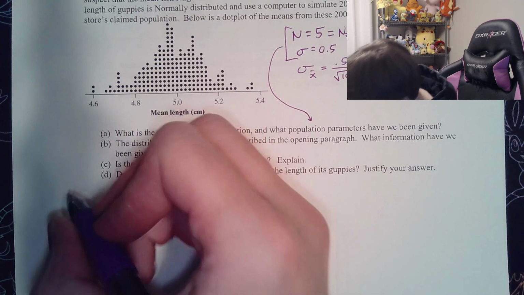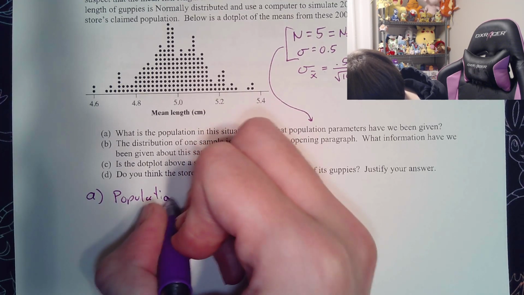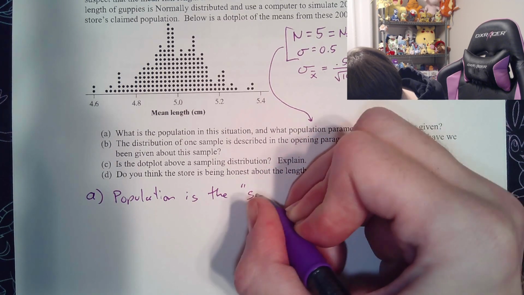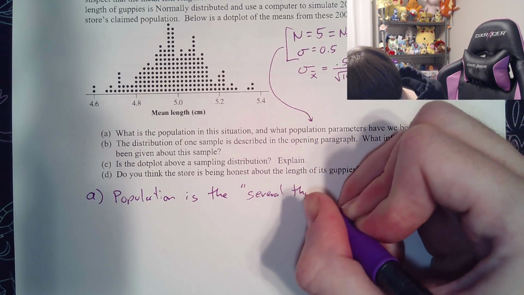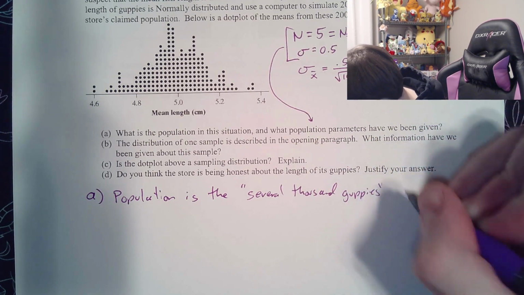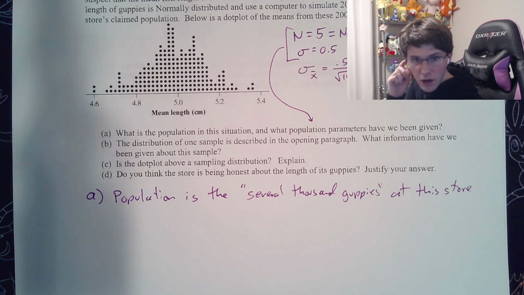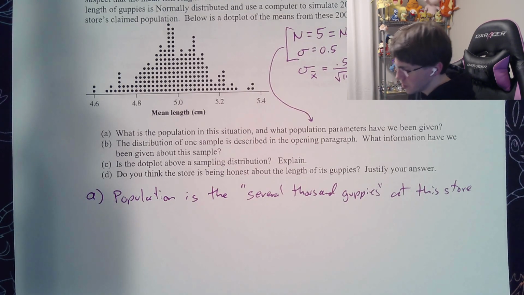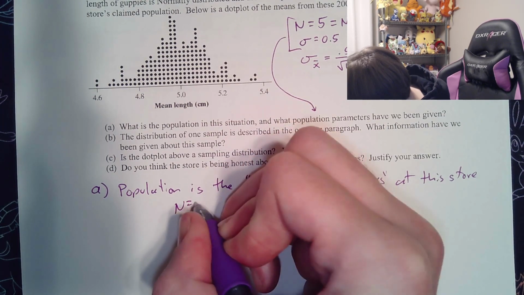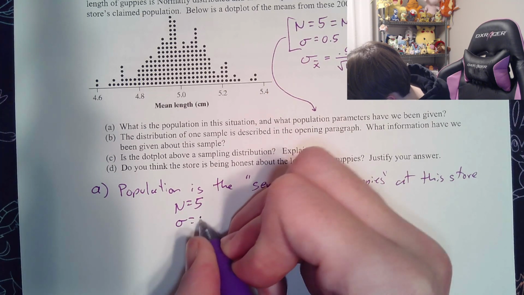Population is the several thousand guppies at this store. There's our population, and these are the same parameters I already wrote down, so I'll just write them again. Our actual average for this problem is 5, and our standard deviation is 0.5.